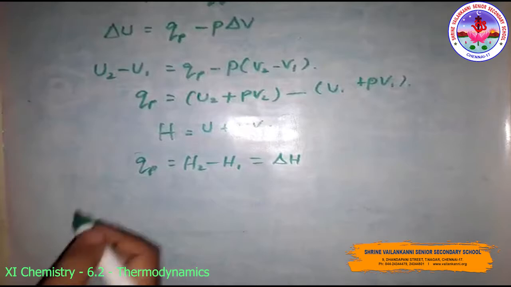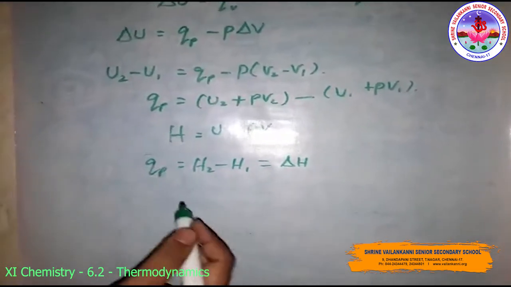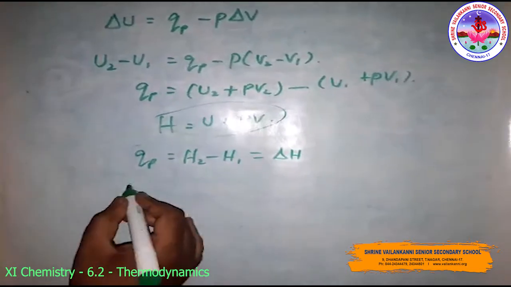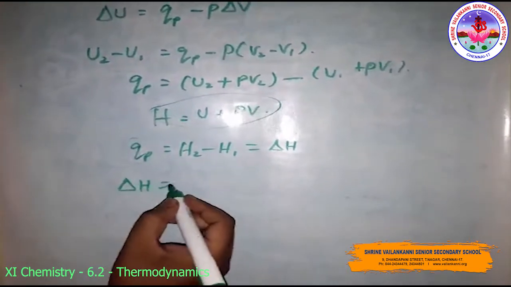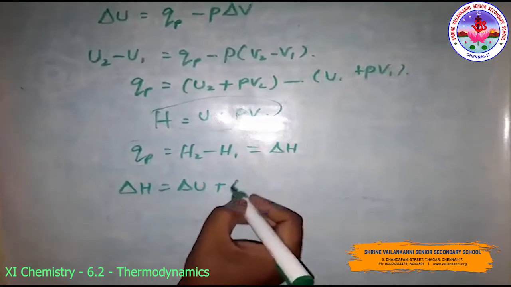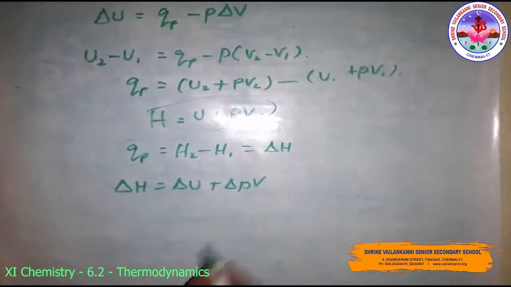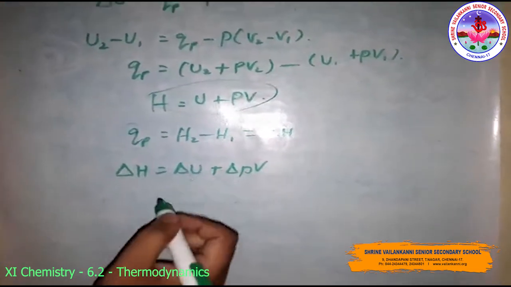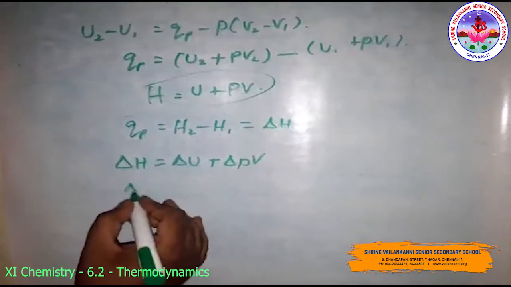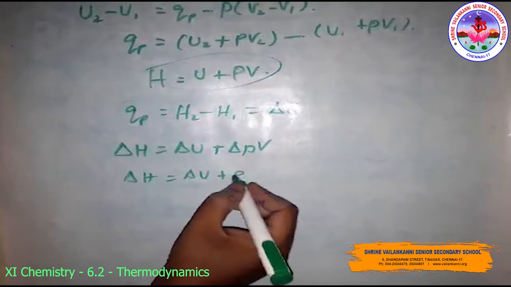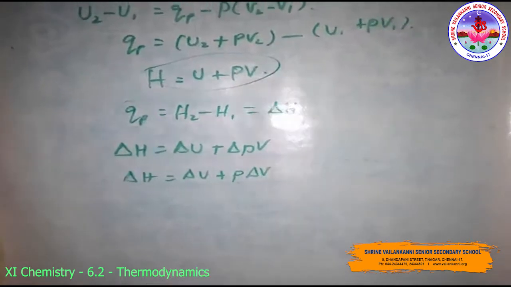For finite changes at constant pressure, delta H is equal to delta U plus delta PV. Since the pressure is constant, delta H is equal to delta U plus P delta V.